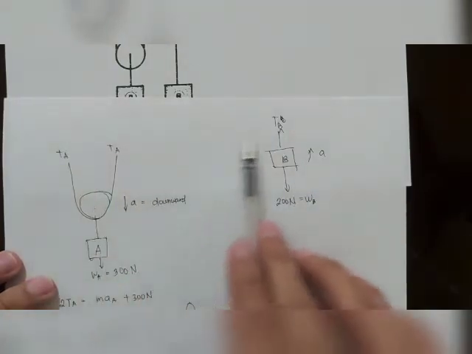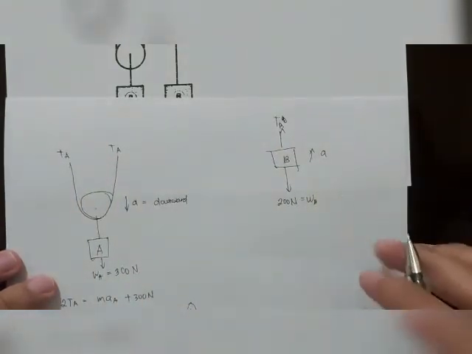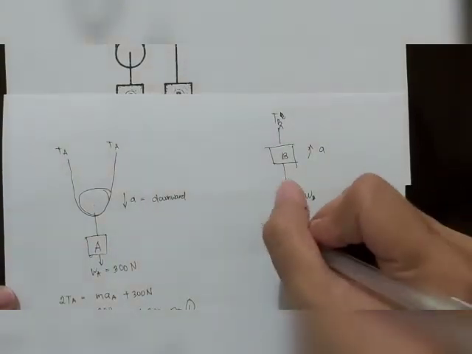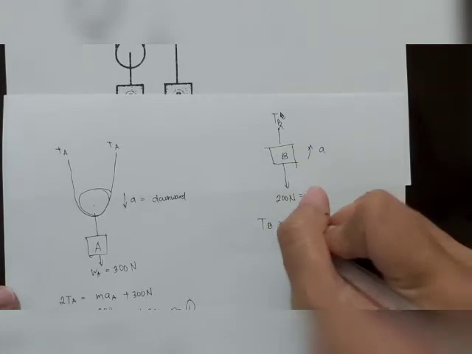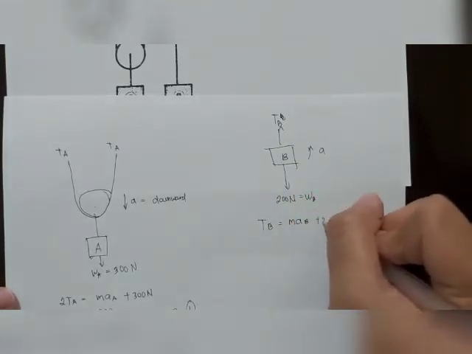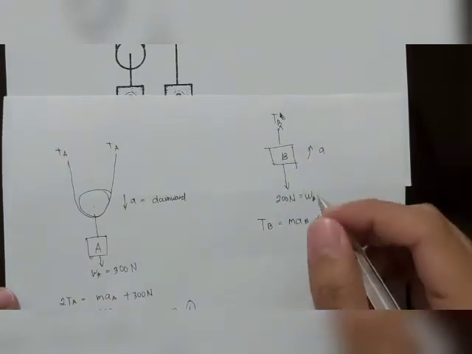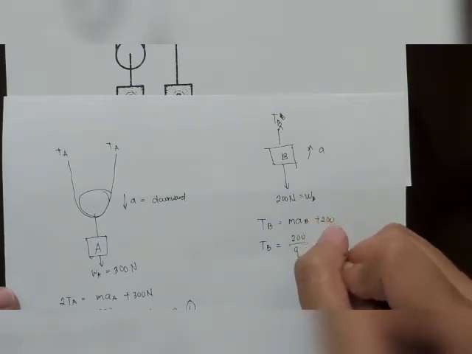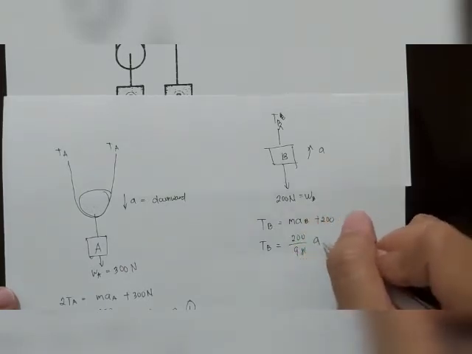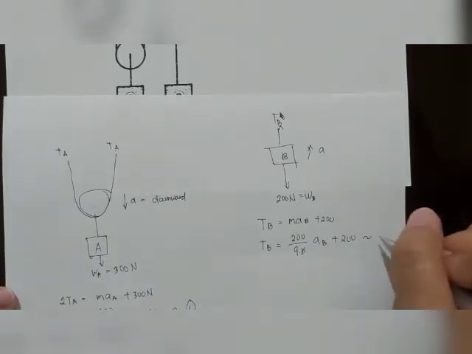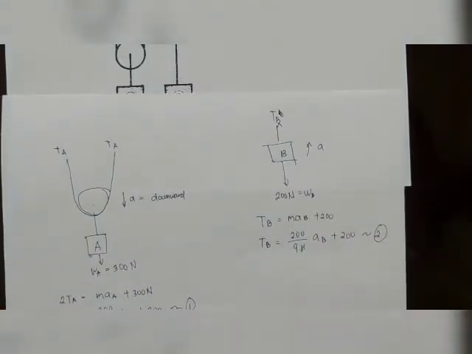Okay. So, meron tayong equation. We have TB is equal to mass times acceleration of B plus 200, which is yung weight natin. So, TB is equal to, so yung mass natin, we have 200 over 9.81, which is the gravity, times acceleration of B plus weight natin na 200. So, this will be equation 2.